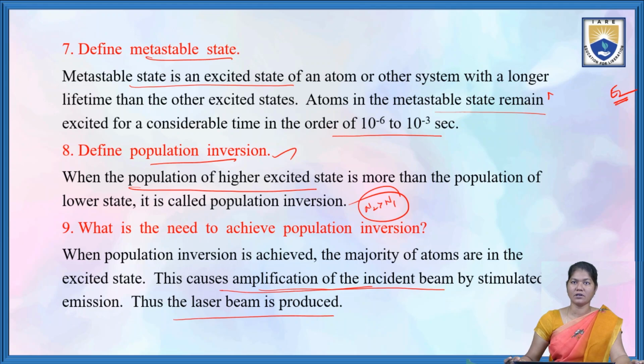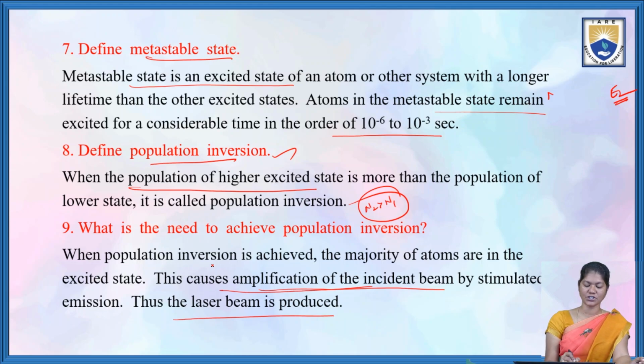To make stimulated emission occur, we want to achieve population inversion. When population inversion is achieved, the majority of atoms will be in the excited state, so that we can amplify the incident beam by stimulated emission to get the laser beam.